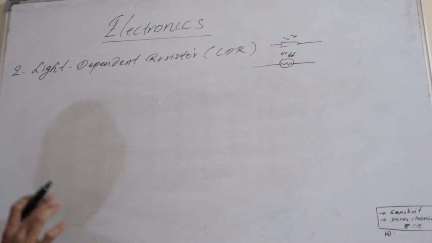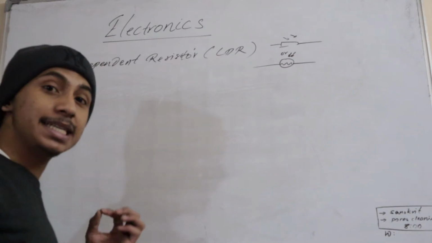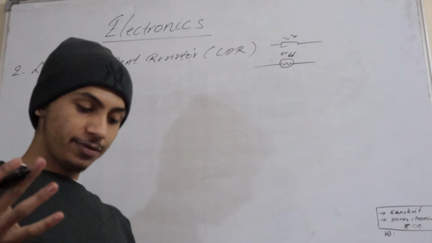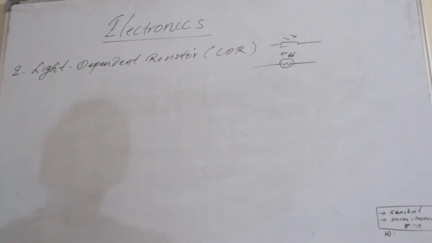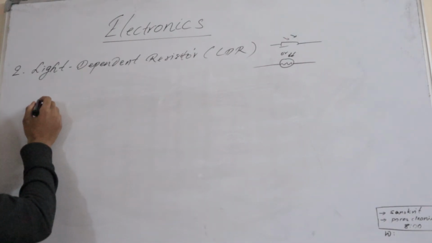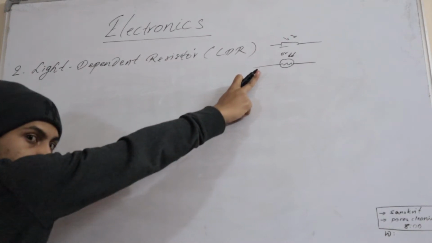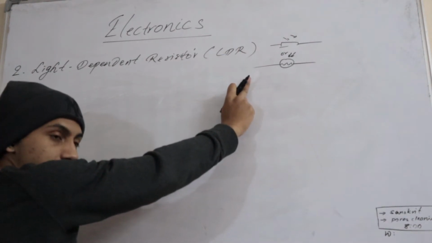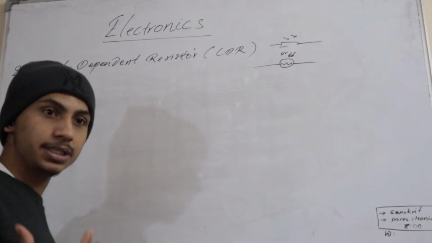A resistor whose resistance decreases as the intensity of the light falling on it increases. Actually, in this LDR, this is the resistor. Do not get confused. This is the type of resistor. This is the LDR.